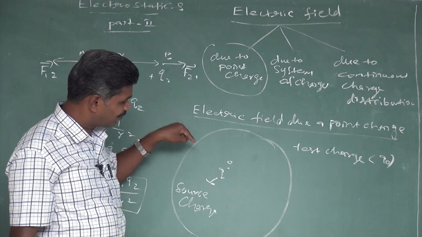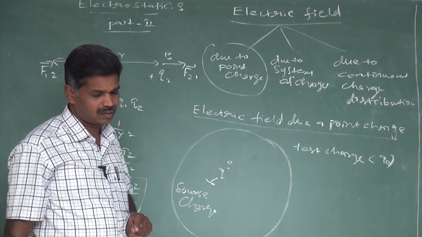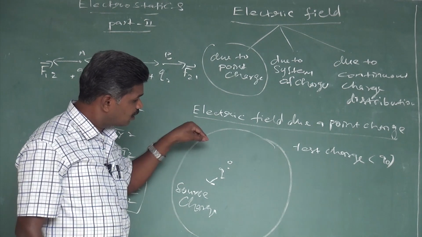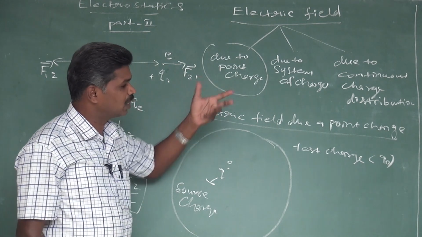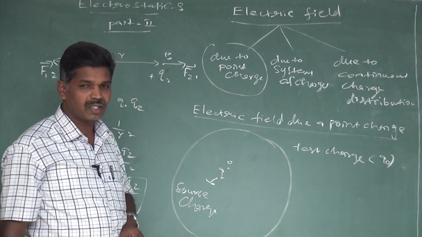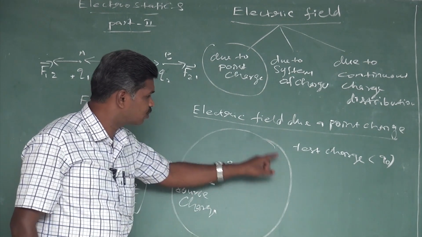According to Michael Faraday's idea, an electric charge creates a field, an electric field. Due to its electric field, it has its influence around this region.